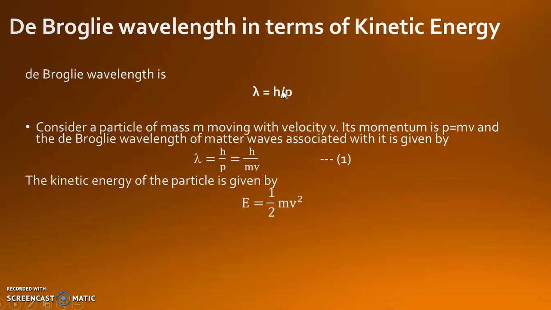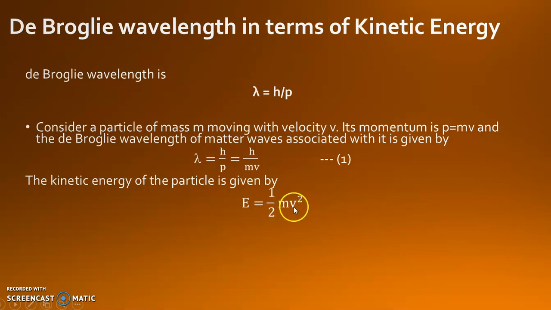Here h is a constant, so we have to change E is equal to half mv square in terms of p, and we know p is m into v. If you observe, here we have m into v square and the momentum is m into v.